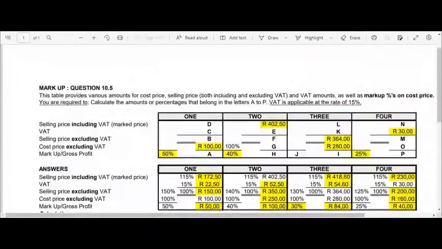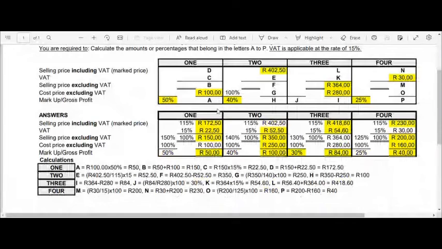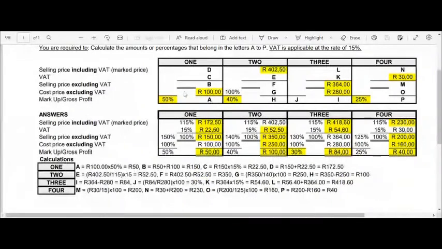Okay, ladies and gents, so let's have a look at the first one, right? What do they give us there? They give us the cost price excluding VAT, and then they give us a markup or a gross profit of 50%. So the first thing that we now have to go and calculate is what is A. In other words, what is the figure that represents the markup, right?